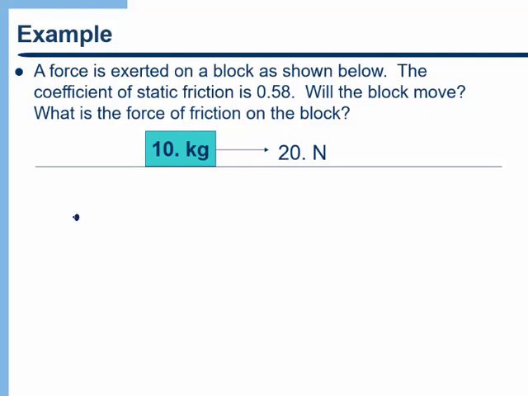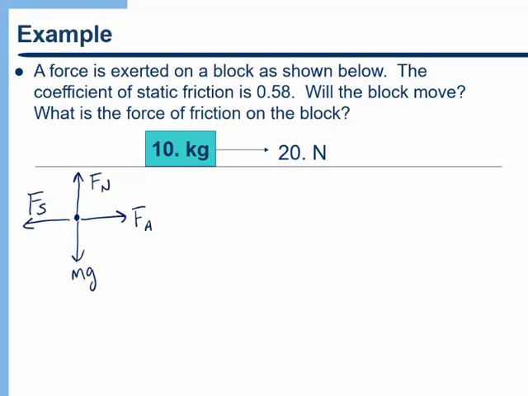In this particular case, we have a pretty straightforward free body diagram. The normal force is up. The weight of the object, mg, is down. We've got an applied force to the right. We've got a force of friction to the left, and sorry, that's going to be Fs for static friction.